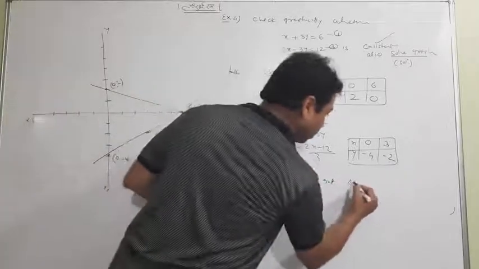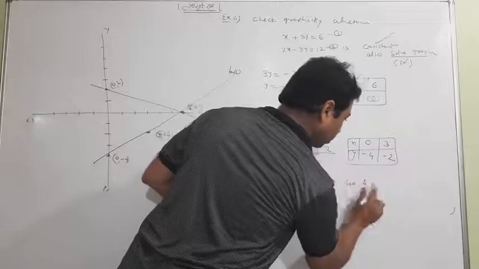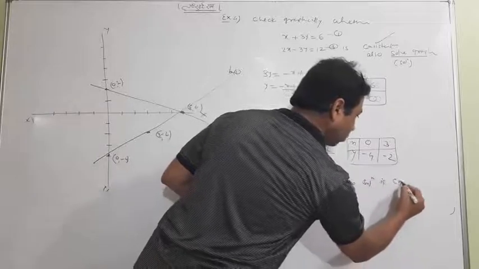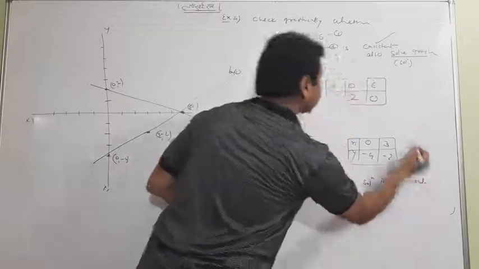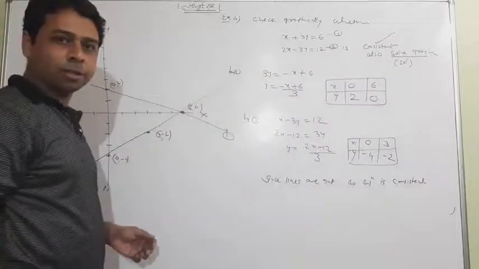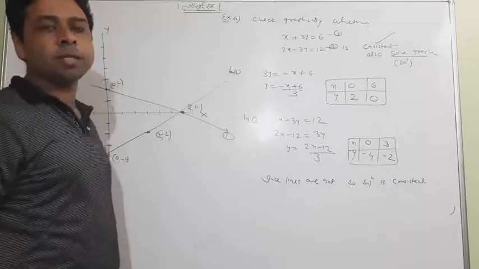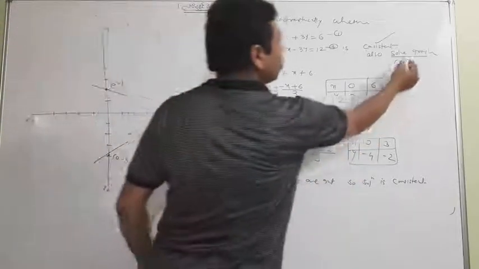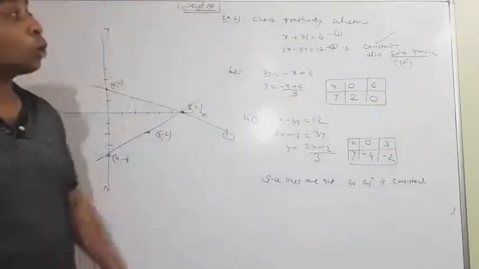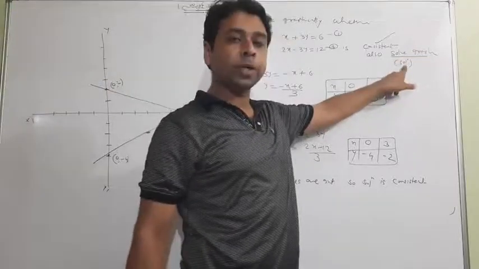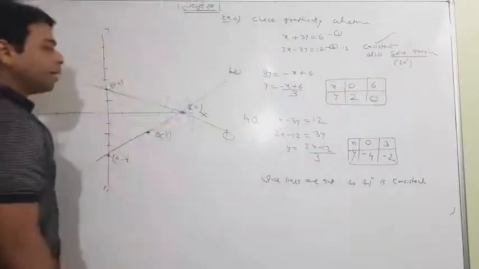So the system has a solution. What kind of solution? Consistent solution, because lines are intersecting. And when lines coincide, it is still a consistent solution. And what about the solution? Solve graphically, meaning you will also find the solution. Look, the lines are meeting at which point?